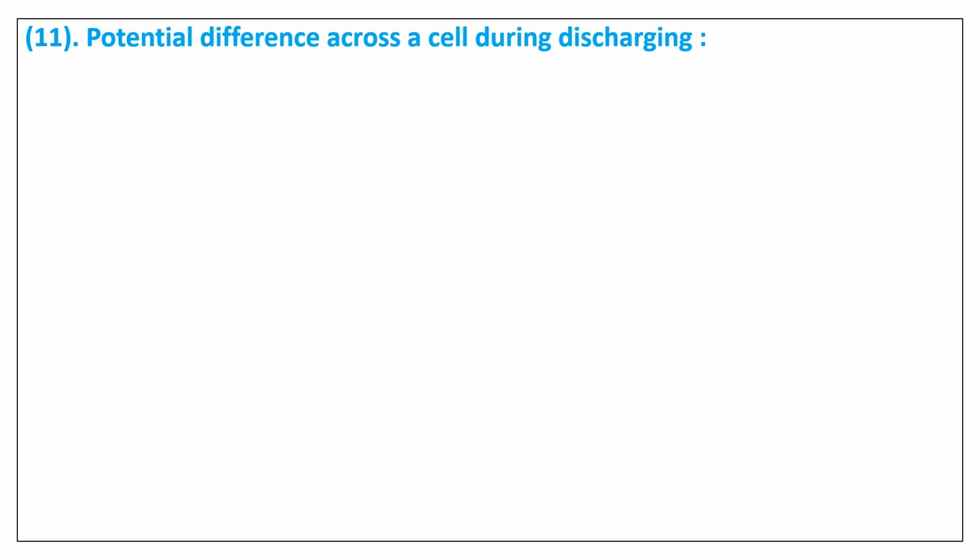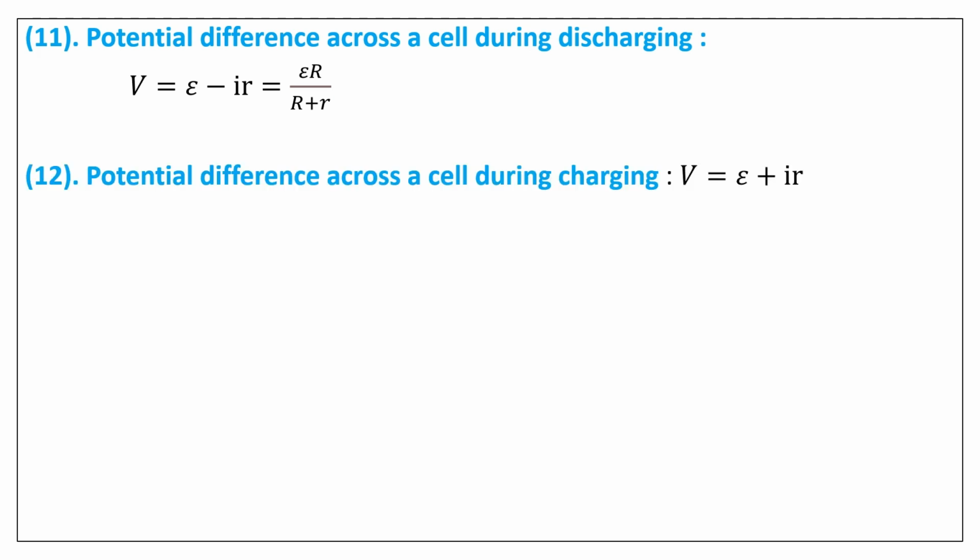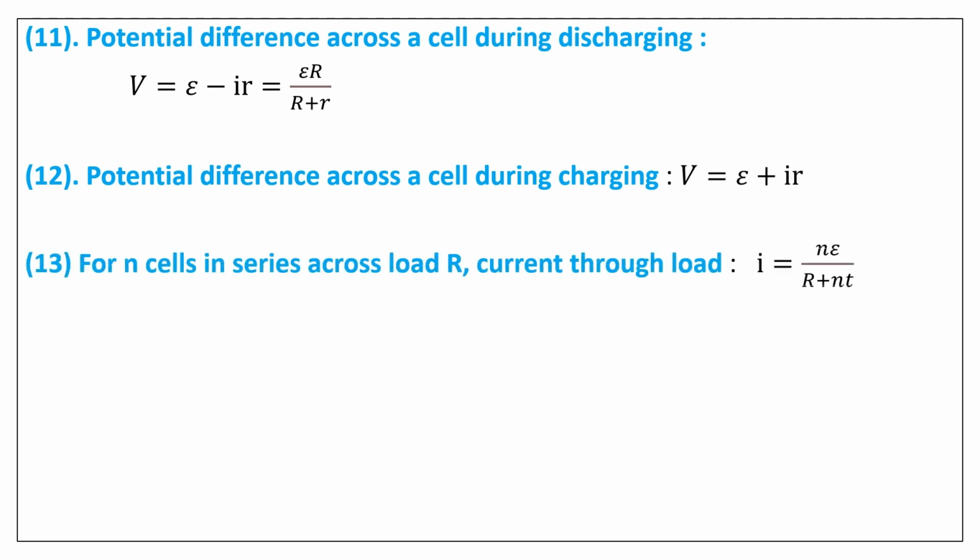11. Potential difference across a cell during discharging. V is equal to epsilon minus Ir, which is equal to epsilon R by R plus r. 12. Potential difference across a cell during charging. V is equal to epsilon plus Ir. 13.